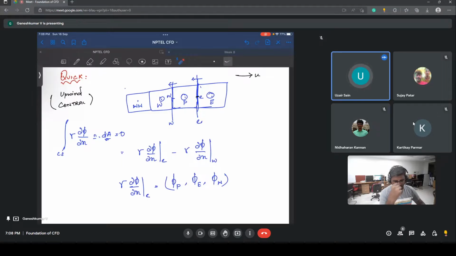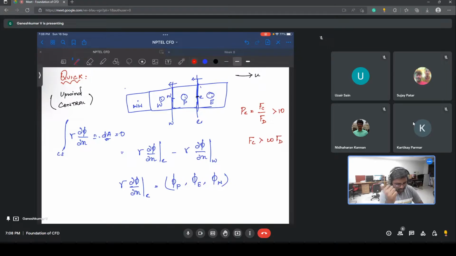So what is the Peclet number? You know the Peclet number, right? The Peclet number is actually the convective flux divided by the diffusion flux. So if the Peclet number is, let's say, greater than 10, it means the convective flux is 10 times greater than the diffusion flux, which means the problem is convection dominated.